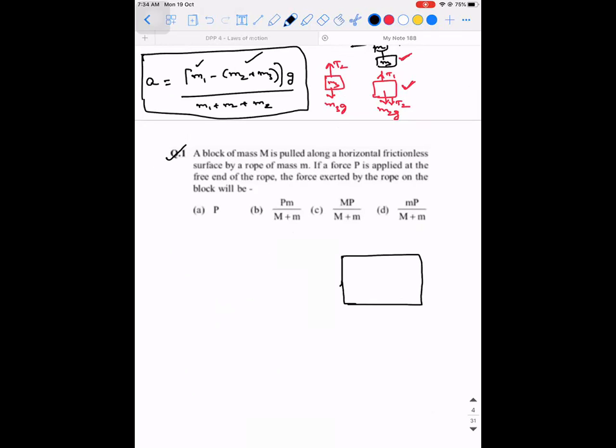So where will the force be exerted by the rope on the block? I'll give you the options, you people tell me. 1 and 2.